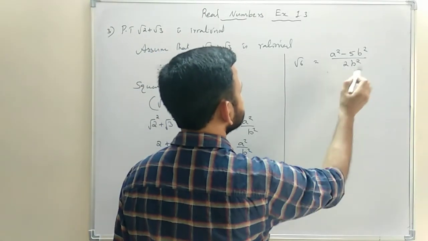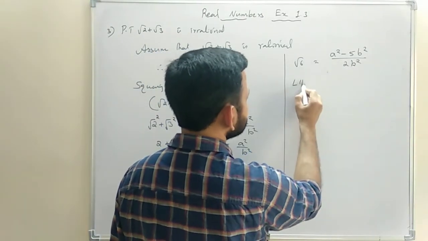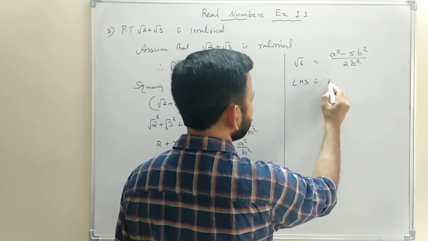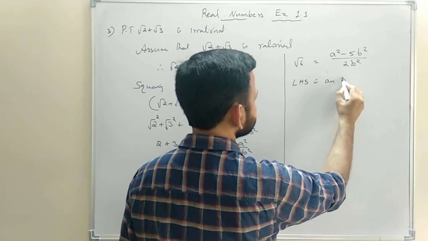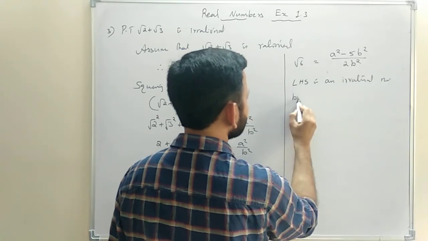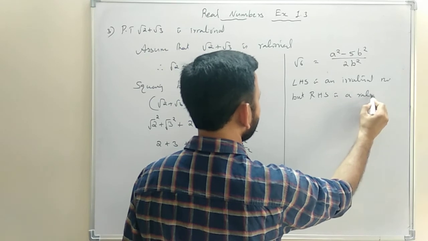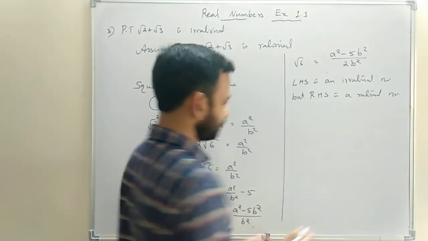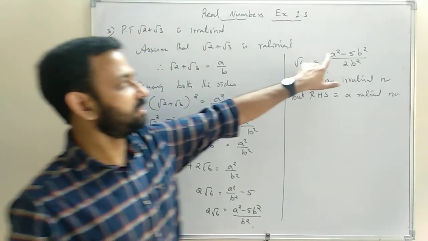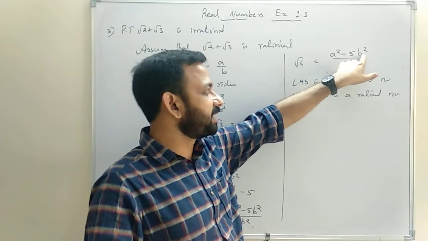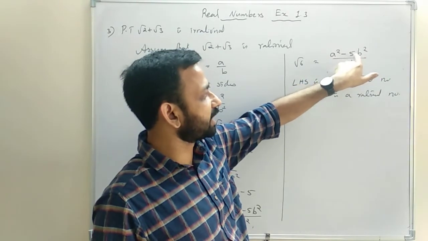So here LHS is an irrational number, but RHS is a rational number because a is an integer, so a square is an integer. b is an integer, so b square is an integer. 5 into b square, another integer.